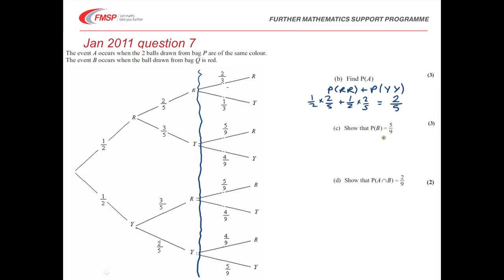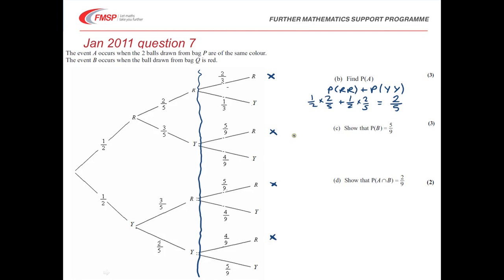We're told to show that the probability of B, which is choosing a red from bag Q, is 5/9. So you need to recognize that getting a red in bag Q corresponds to this value, this value, this value, and this value.